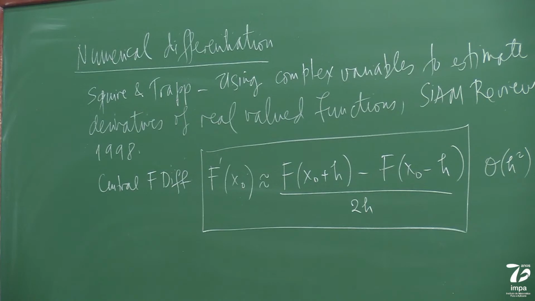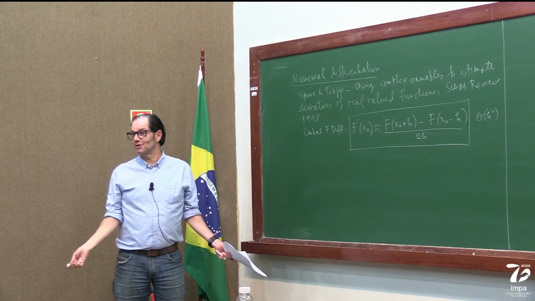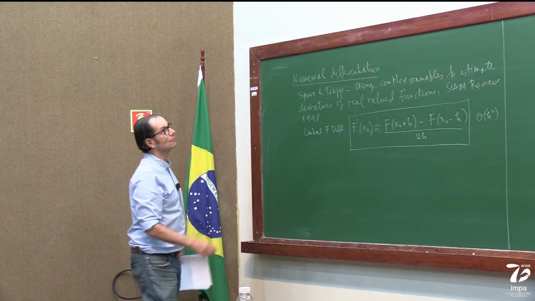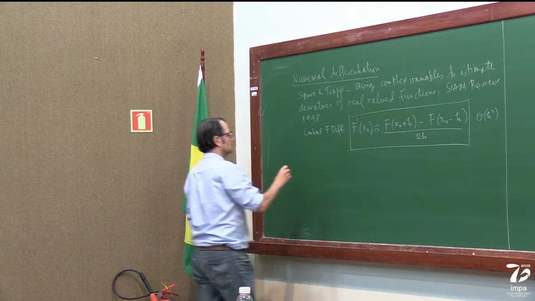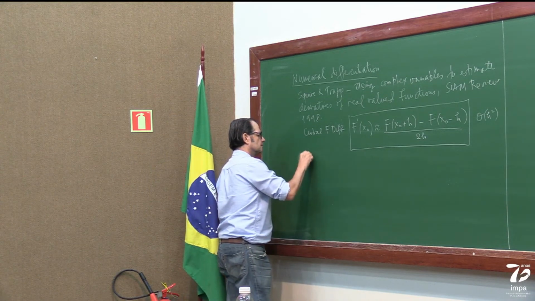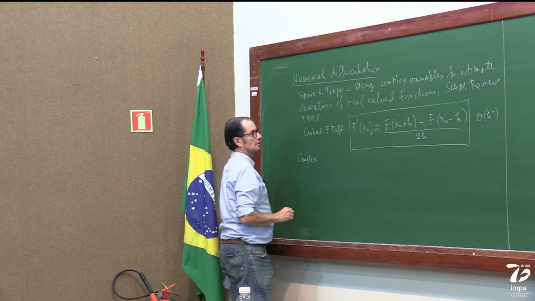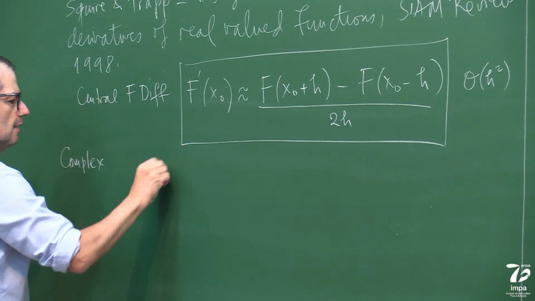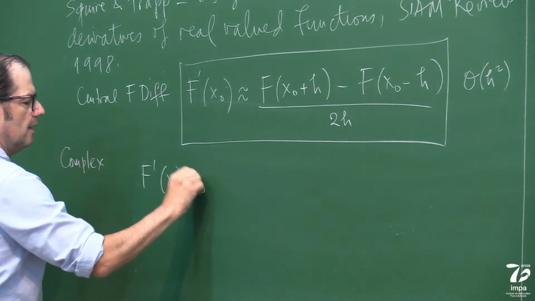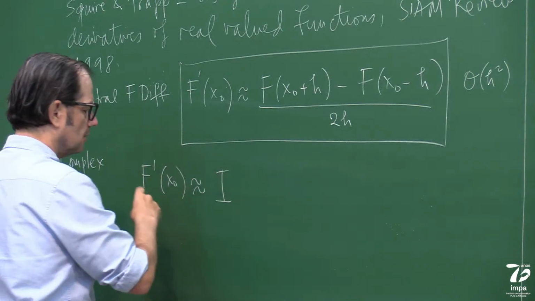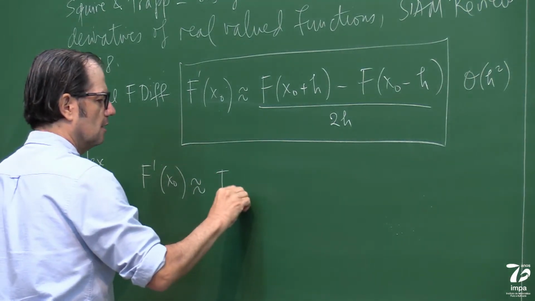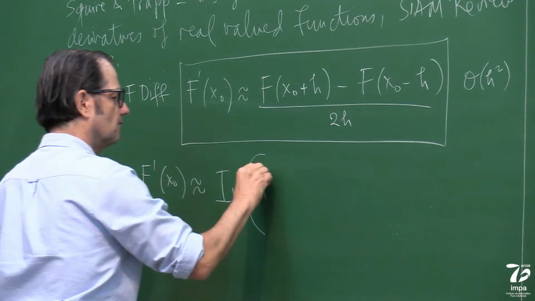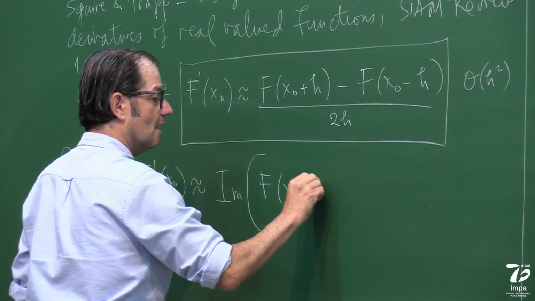Okay, and now here is something that, the first time I saw it, I thought, this is weird, but it's interesting. Another way to compute is the complex scheme. Let me just call it like this: f prime of x0 is computed as the imaginary part of f of x0 plus i h, divided by h.